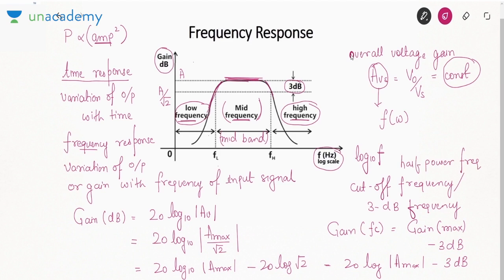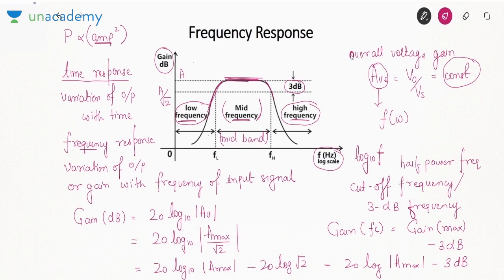Are you getting my point? So when the gain reduces by a factor of root 2, in dB it is reduced by 3 dB and the power becomes half. So half power frequency, cutoff frequency, 3 dB frequency all mean the same thing, that is, when gain becomes maximum gain by root 2.